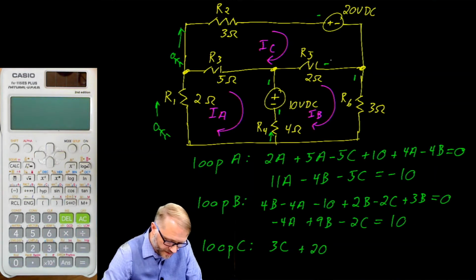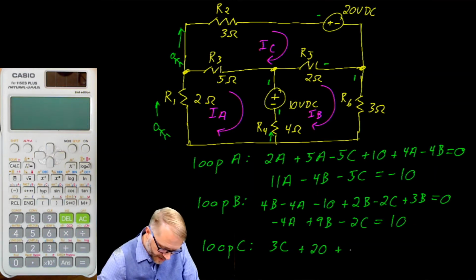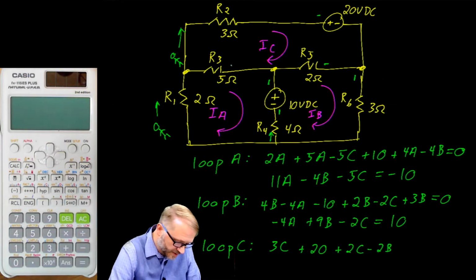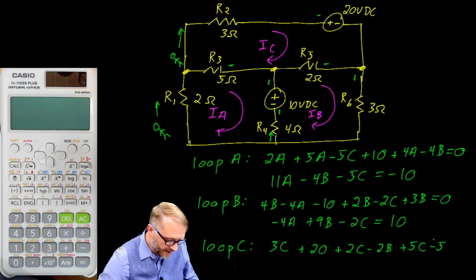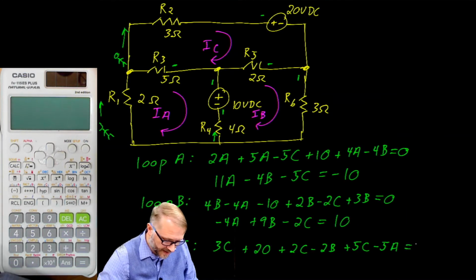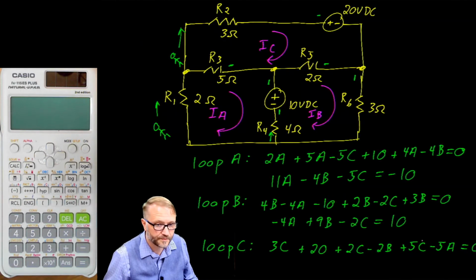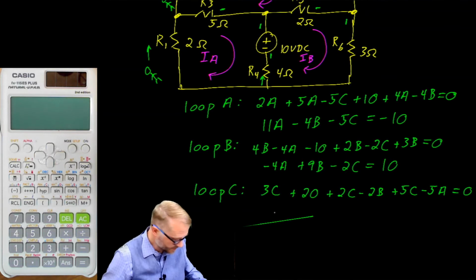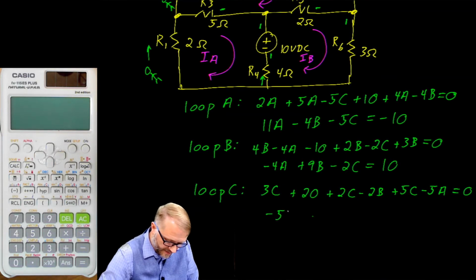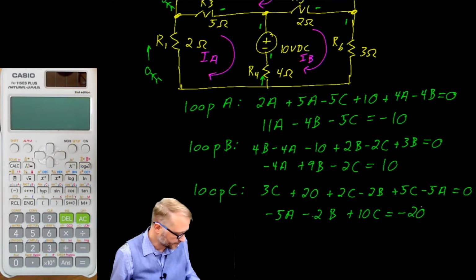We're now here, and that's plus 2C minus 2B, which brings us to this point, plus 5C minus 5A, and all of that is equal to 0. Simplifying that, we end up with negative 5A minus 2B plus 10C equals negative 20.